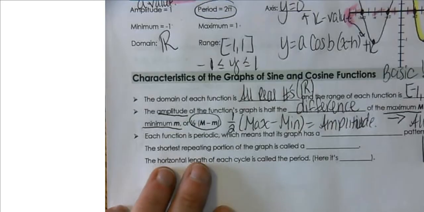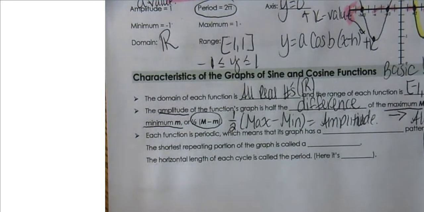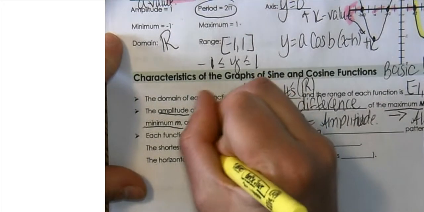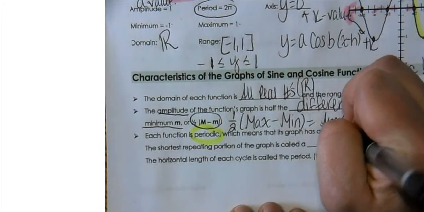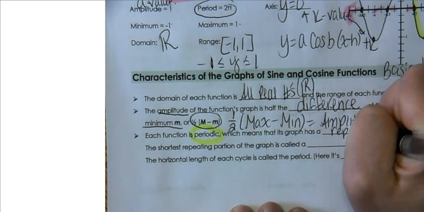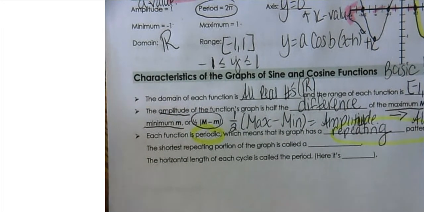Now, each of these functions will repeat in this wave over and over and over again. Because each function is what we call periodic, that means that the graph has a repeating pattern. It repeats the same pattern of up, 0, down, 0, up, or 0, up, 0, down, 0, depending on what type of function it is, over and over again.